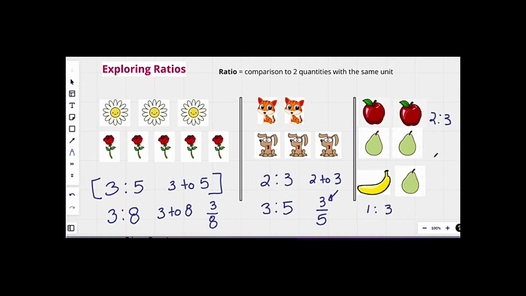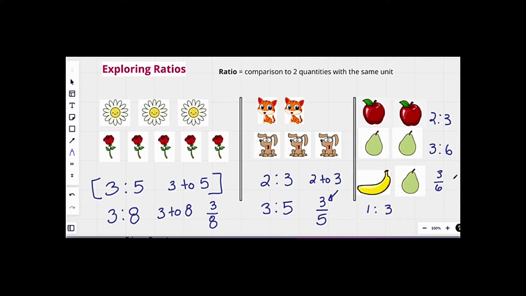Okay. What if we wanted to show the ratio of pears to fruits? Well, we've got 3 pears. And how many fruits do we have all together? Well, 1, 2, 3, 4, 5, 6. So our ratio of pears to fruits would be 3 to 6. And if we need to express that as a fraction, it would be 3 over 6.